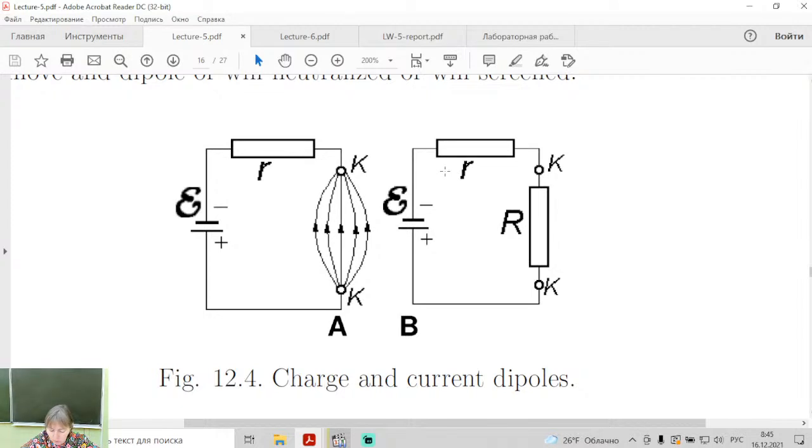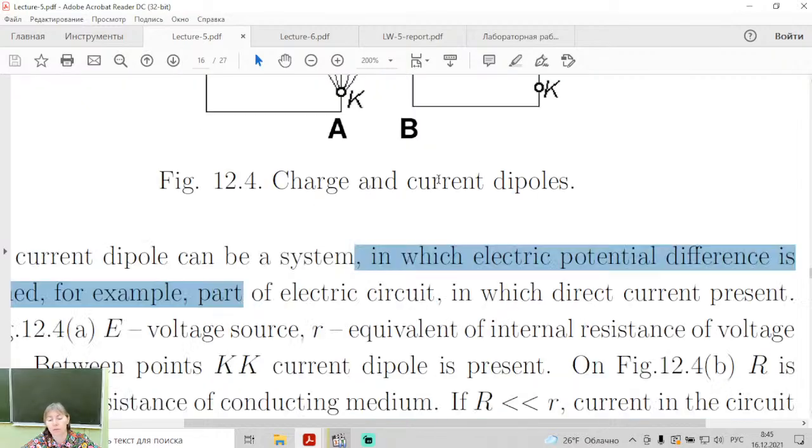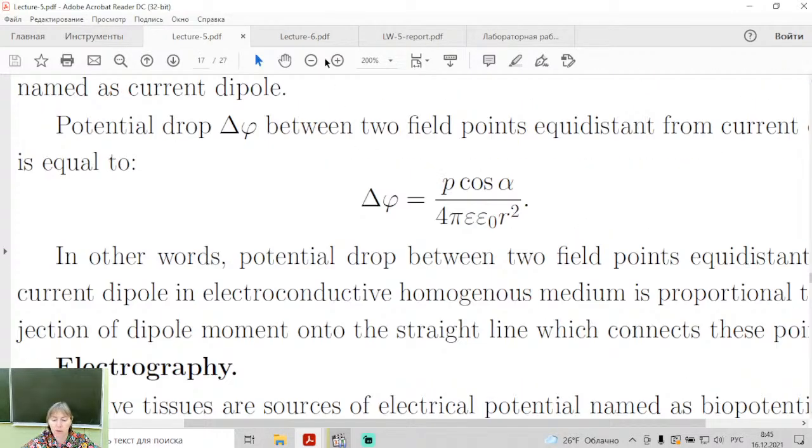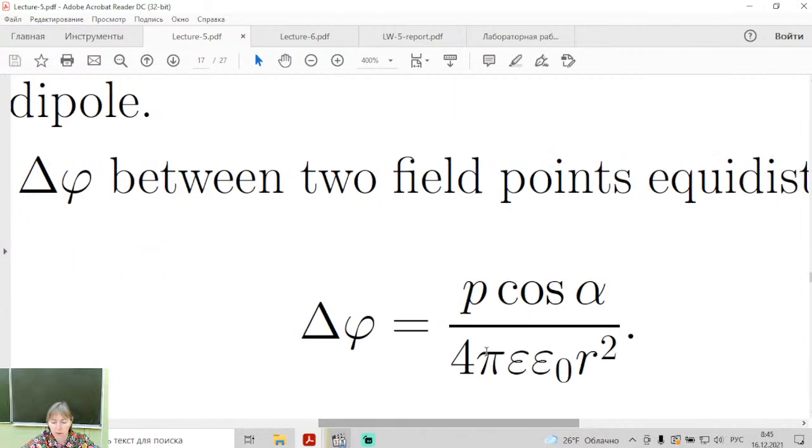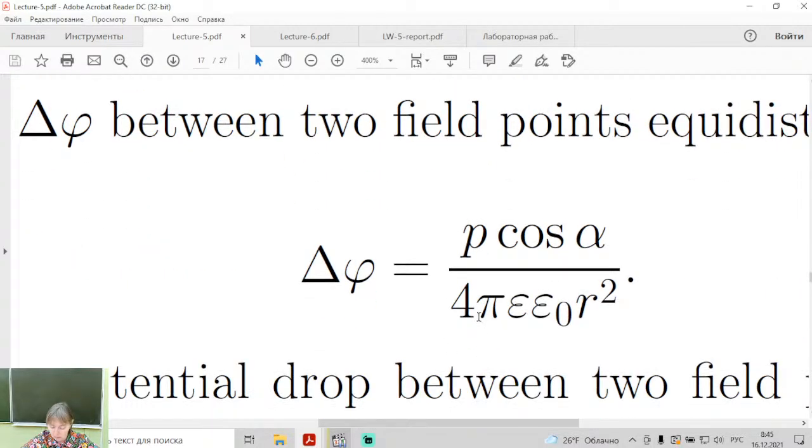The potential drop between two field points equidistant from the current dipole is equal to delta phi is equal to p cos alpha divided by 4 pi epsilon 0 r squared.